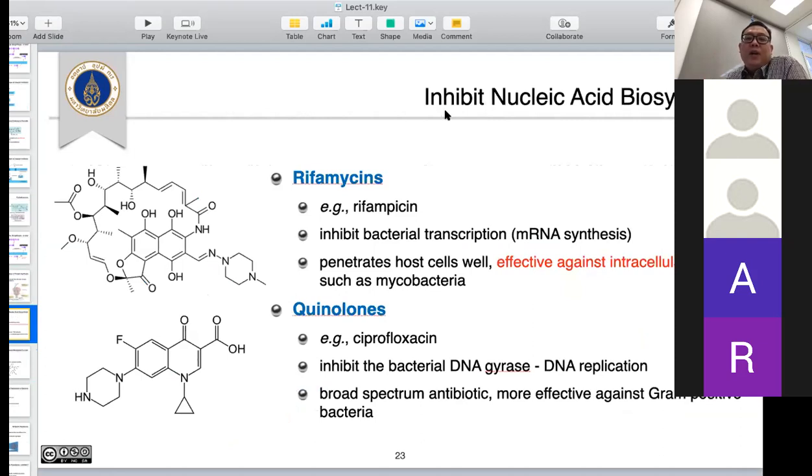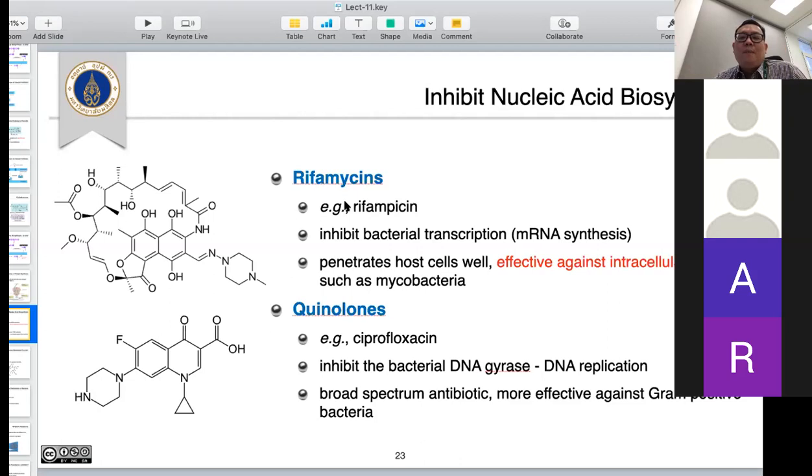Antibiotics that inhibit nucleic acid biosynthesis could be rifamycin, the one that you probably remember, but don't worry, I will mention it again next week. Rifampicin. Rifampicin can penetrate the host cell very well. That means when you take this antibiotic, rifampicin will pass into your cell and act inside your cell.